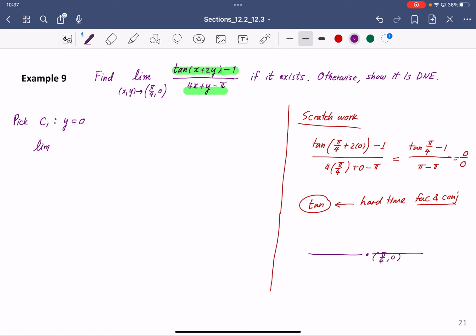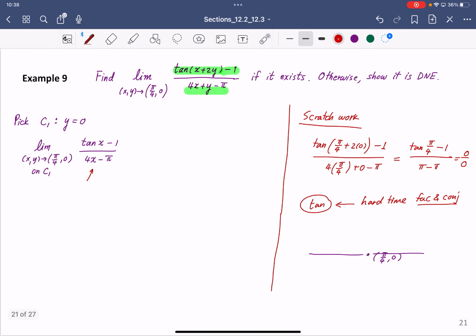So the limit as (x,y) goes to (pi over 4, 0) on C1: you get tan x minus 1 over 4x minus pi, because you already plugged in y equal to 0. So what is the limit of tangent x minus 1 over 4x minus pi here?